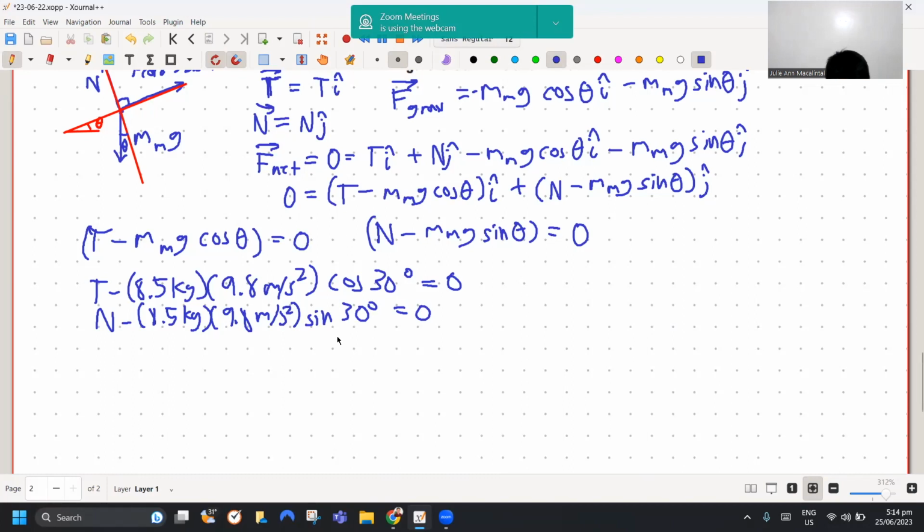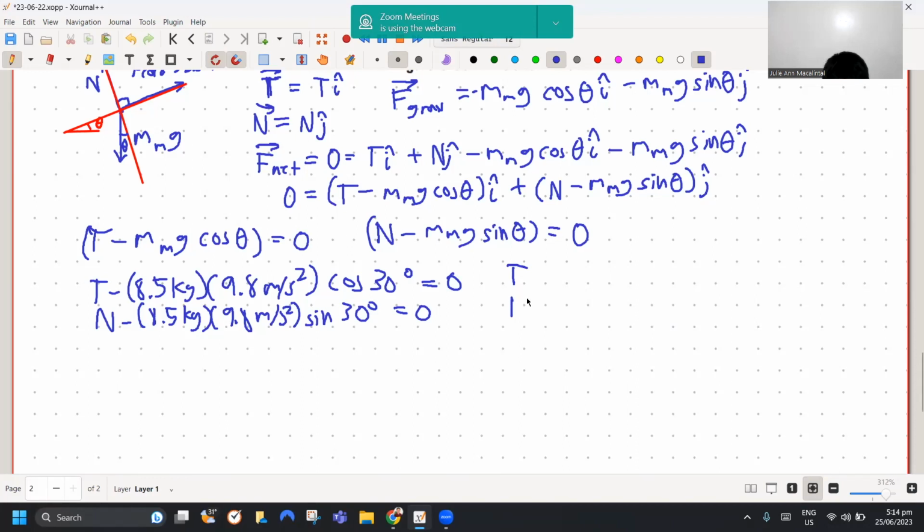Okay, ngayon, from there, mako-compute mo na ba yung tension at saka yung normal force? Yes.